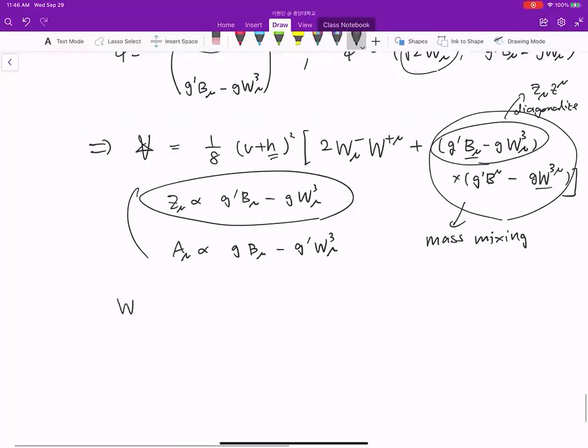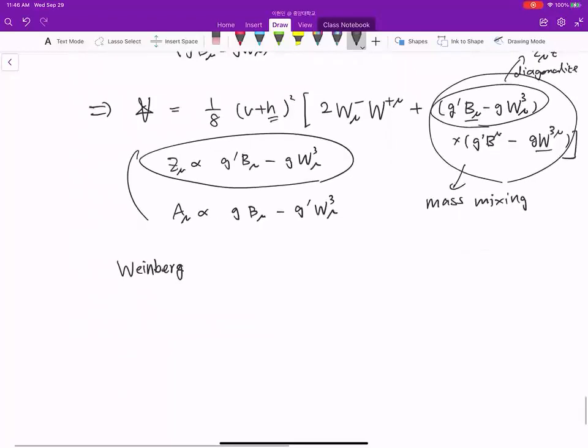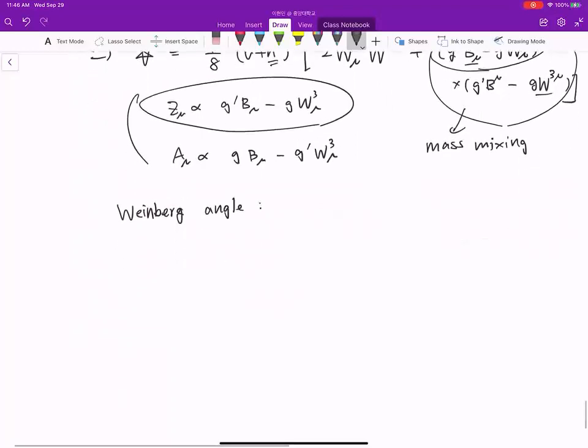So the Weinberg angle, in the standard notation, there's some sign difference, but it doesn't matter much. So the photon is a combination of the hypercharge and the neutral component of the electroweak gauge boson.